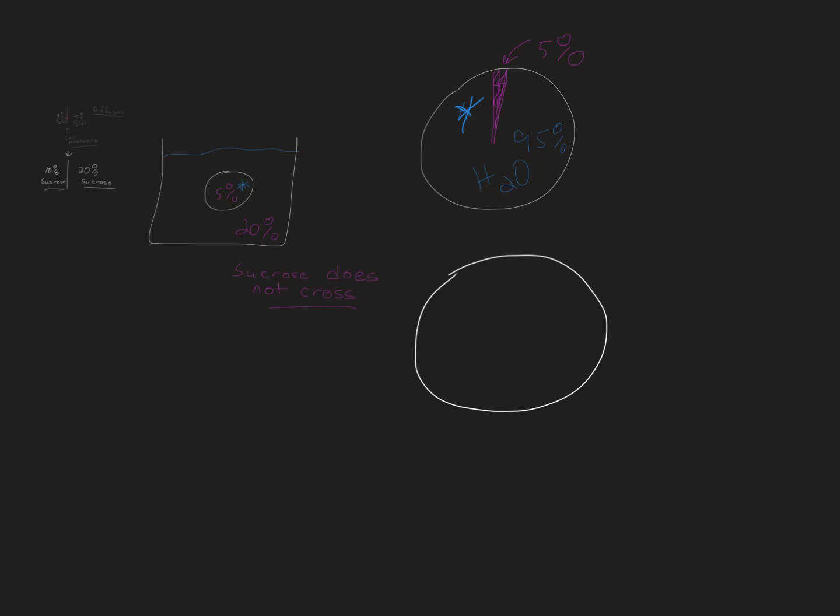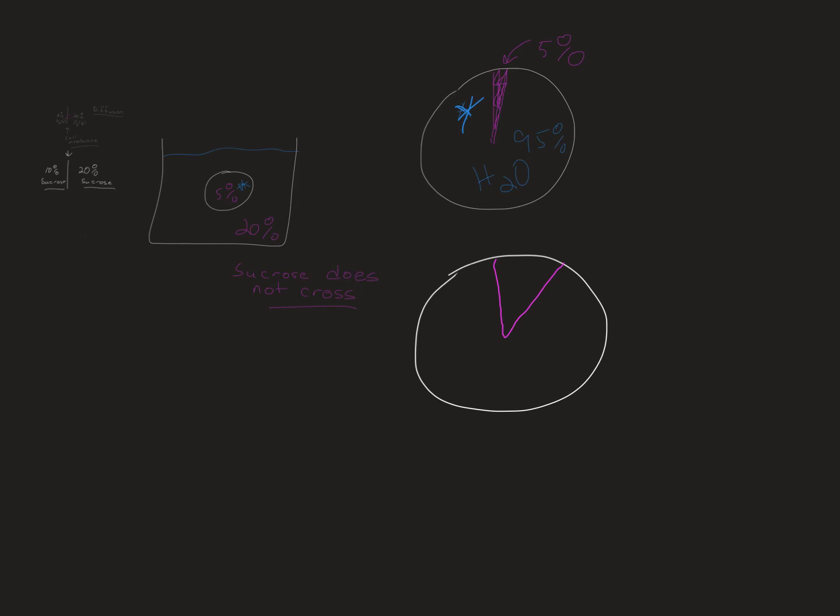So you have 5% solute, 95% water inside the cell. Now, what about outside if we did the same thing on the outside? How big is that sucrose wedge? Bigger or smaller than 5%? It's bigger. I'm probably drawing this horribly, but we'll just assume it's right.